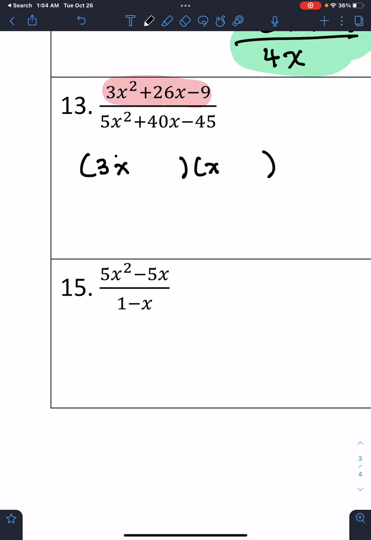And now I know that whenever I multiply 3x and this number, and then these two, that when I add them, it gets me 26, but the two numbers still have to multiply to -9. So what I'm thinking here is this 3 needs to multiply some number over here.